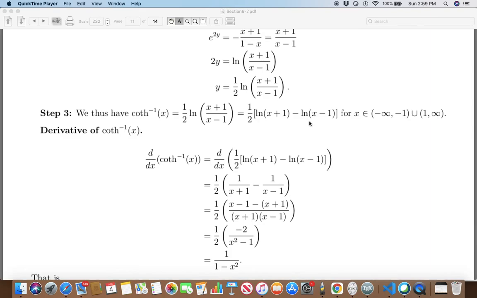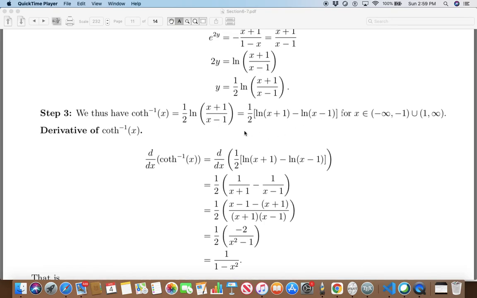This is nothing but a difference of natural logs. This is valid when x is less than negative 1, then the quotient is valid.